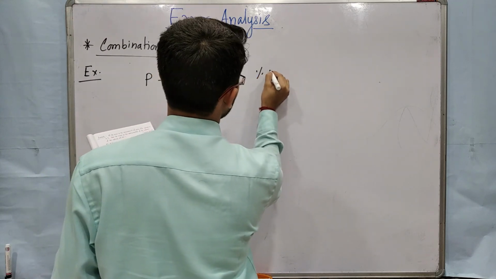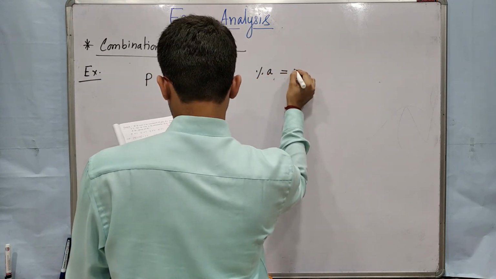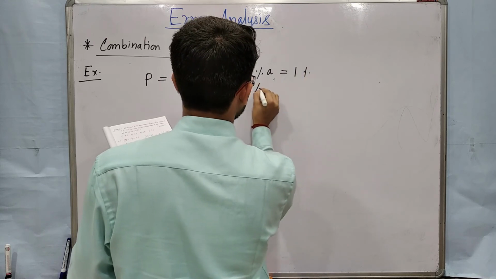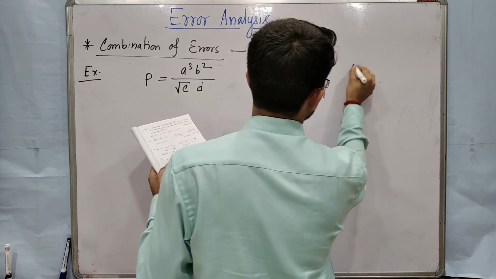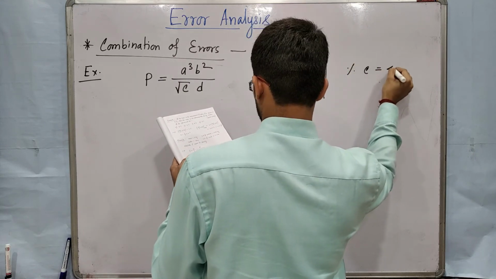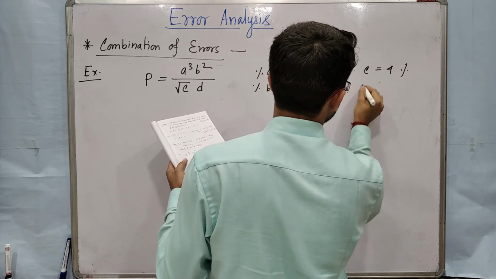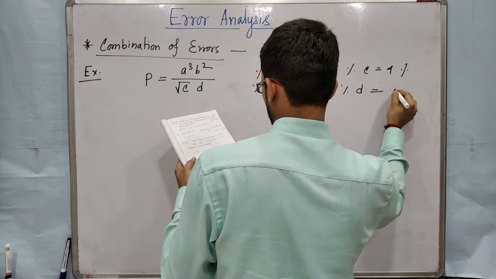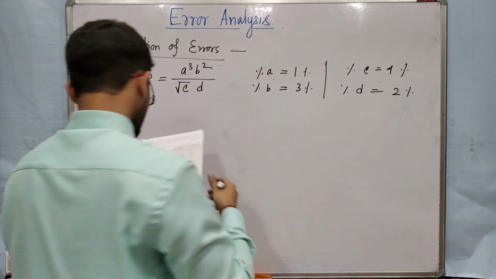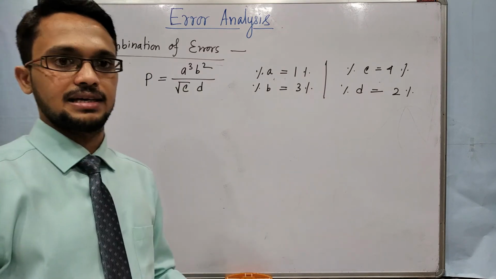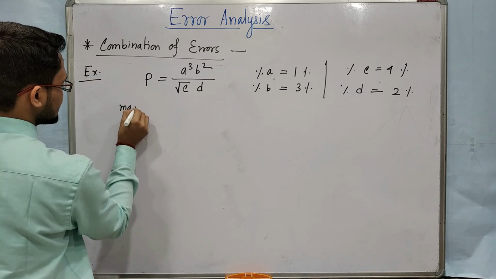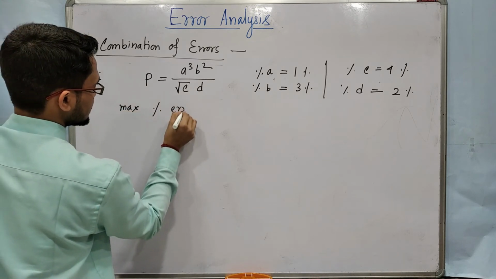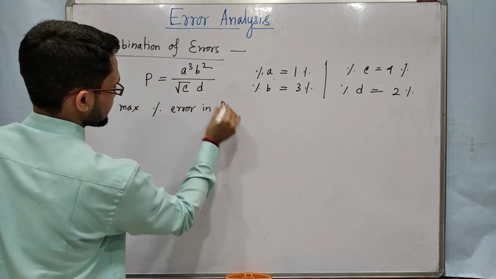Percentage error of a equal to 1%, of b equal to 3%, of c equal to 4%, and of d equal to 2%. You have to find the maximum percentage error in the quantity p.